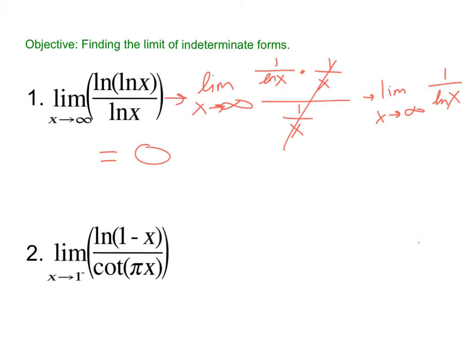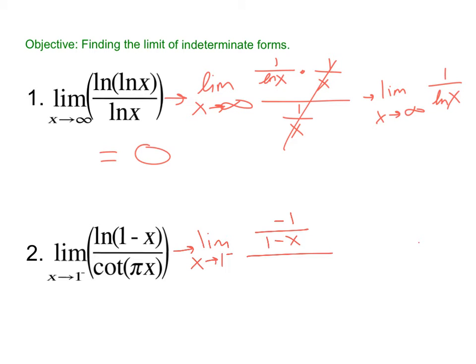All right, number 2 is a little tricky. Took me a minute. All right, so if we try to plug in 1, we get infinity over infinity. So this is an indeterminate form. So I'm going to use L'Hopital's rule. Limit x approaches 1 from the left. Negative 1 over 1 minus x, right? Derivative of the inside is negative 1.